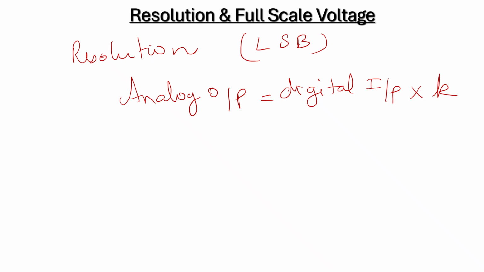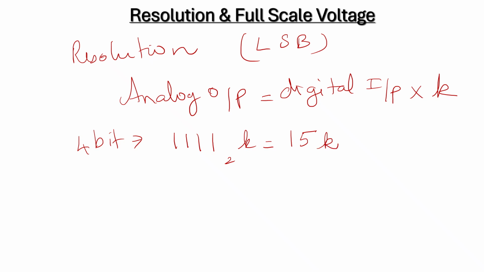The full scale output is the DAC output when the digital input is at maximum value. So for example, for another 4-bit data, if it is 1111, its equivalent decimal value is 15, then it is 15K.